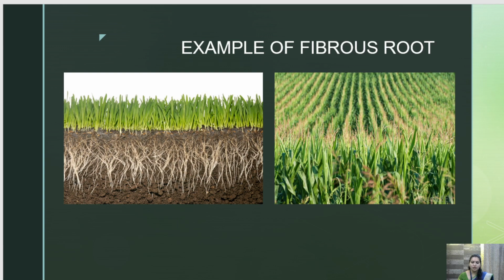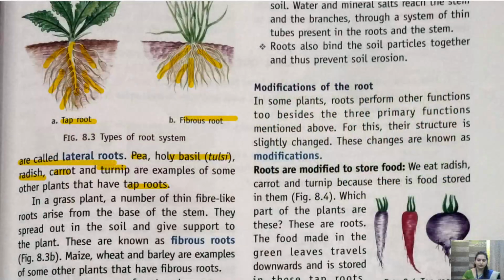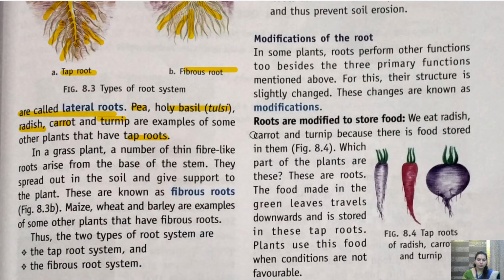Coming back, the examples of taproots are radish, carrot, turnip, tulsi. Repeat after me, children. What are the examples of taproot? Carrot, radish, turnip and tulsi are the examples of taproot.